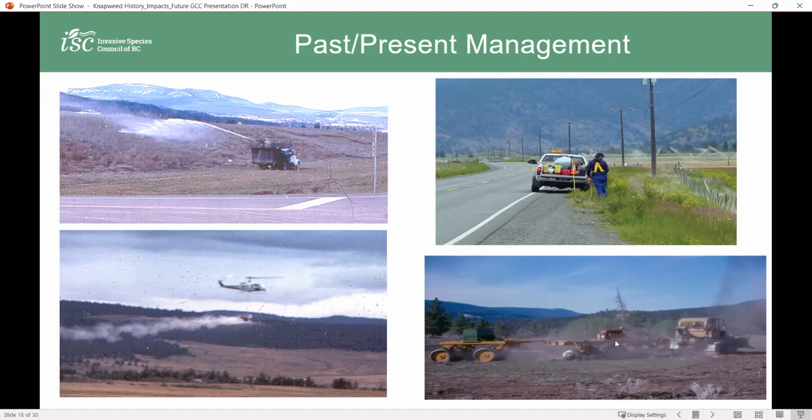The picture down in the bottom right is an interesting photo. This was a cedar packer unit that was developed by the Ministry of Agriculture in the 80s. We were doing a lot of seeding of grass in lower elevation areas out in the Cache Creek, Ashcroft area.